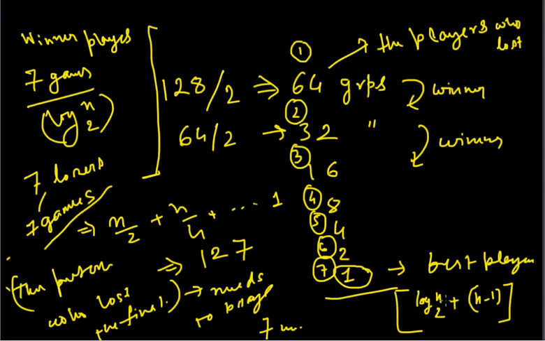These 7 players need to play against the person who lost in the final to determine the runner-up. Because this is transitive, you don't have to play all sets of games, just one game at a time is fine. So you need n minus 1 plus log n. In this case it was 127 plus 7, 134 games.